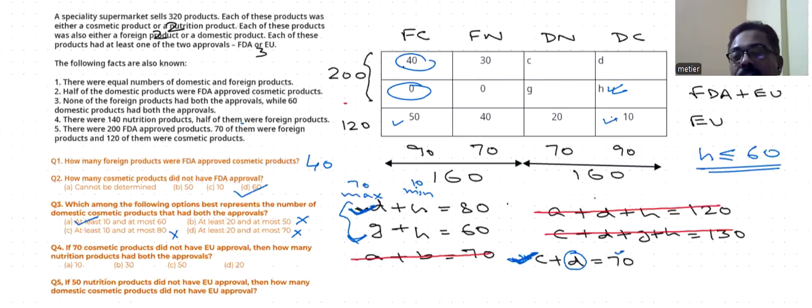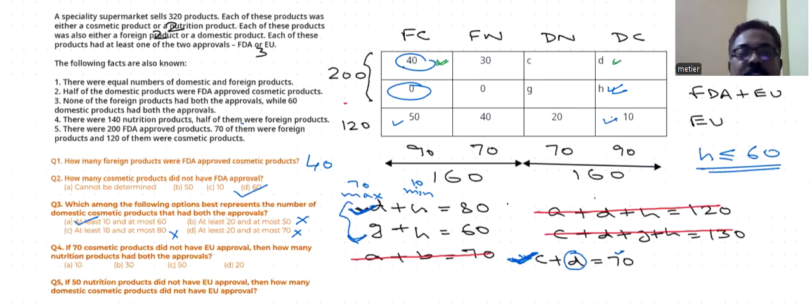Not having EU approval means we have to check only the first row, that is, having only FDA approval. So it will be this one and this one.